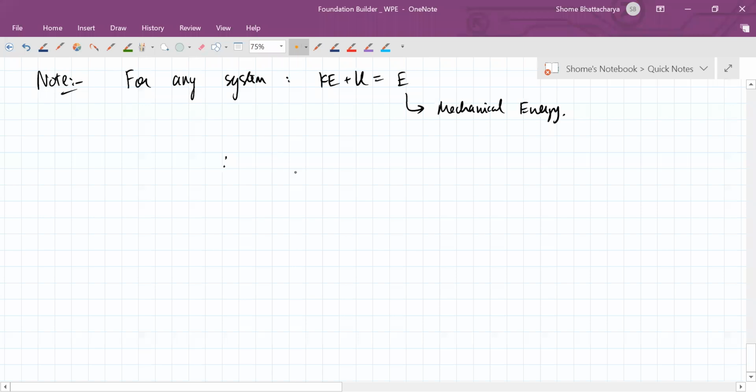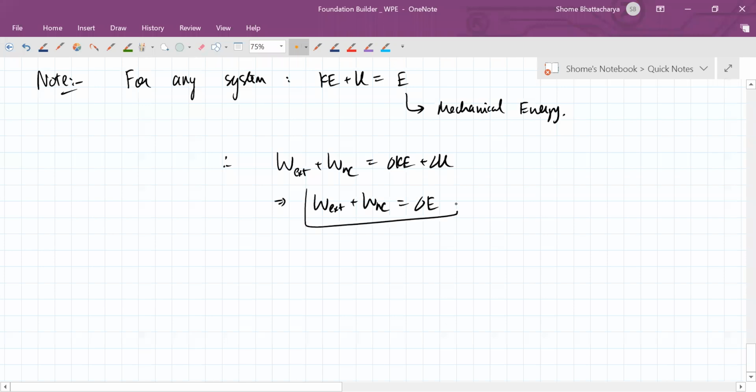Therefore, work done by external plus non-conservative forces, which is the change in kinetic energy plus change in potential energy, can also be written as the work done by external plus non-conservative forces is equal to the change in mechanical energy. Okay.